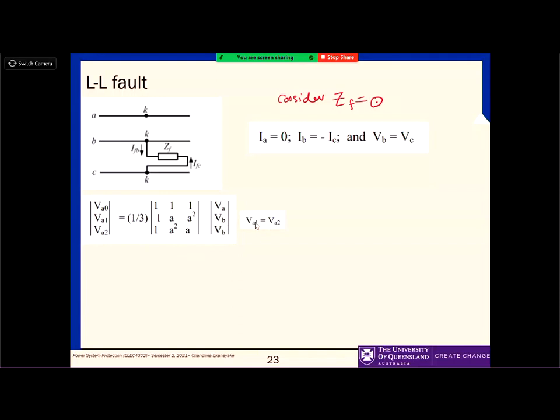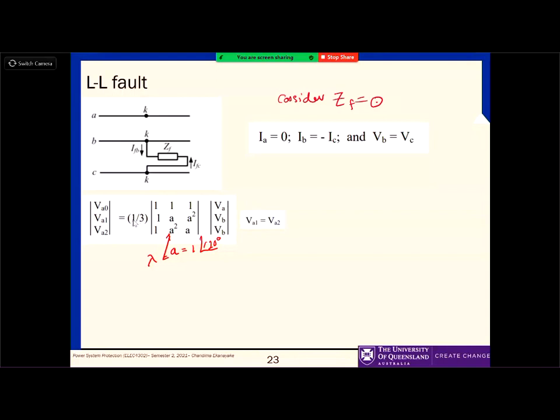Here, this a is equal to 1 at 120 degrees. It is the lambda. Can you remember the lambda? If you go back and read your notes, I mentioned that some people use alpha, some people use lambda, a, right? They are the same.